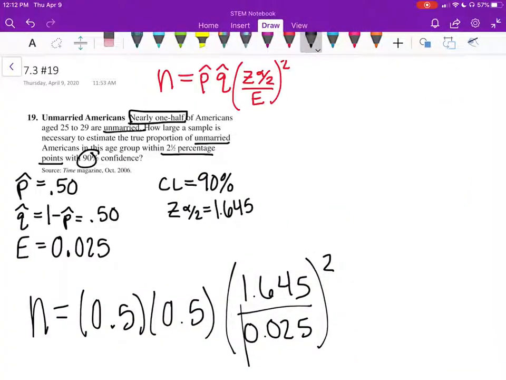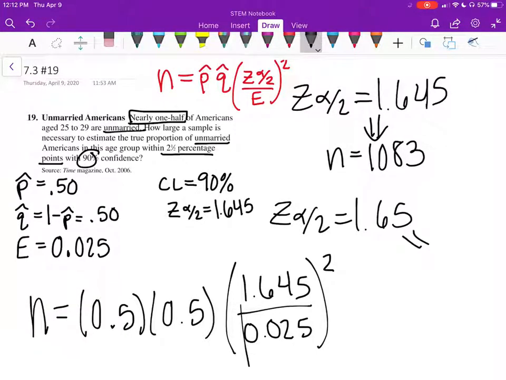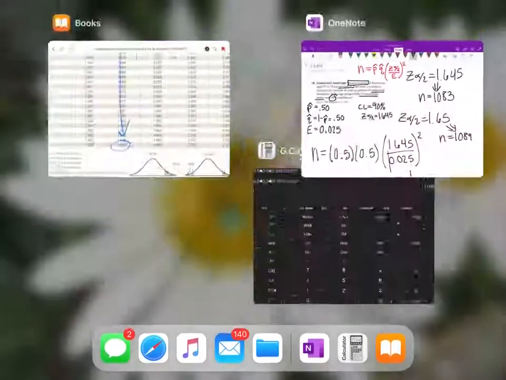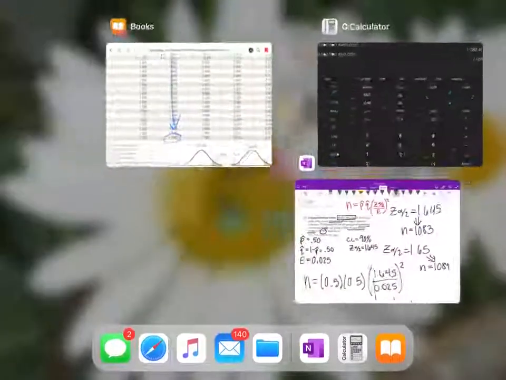So with z of alpha over 2 being 1.645, n is 1083. But if z of alpha over 2 is equal to 1.65 if you round, then n is 1089.